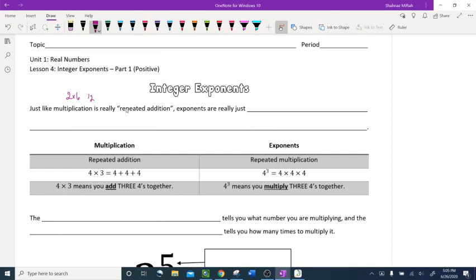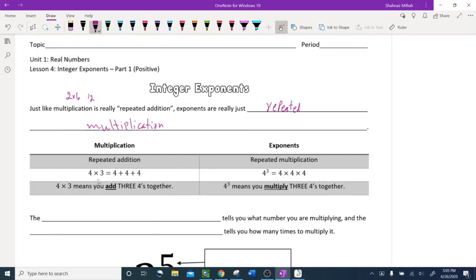But if you add 2 several times, it's going to give me 12 too. So that's what it means. Then exponents are really just repeated multiplication. 2 times 2 is 4, and 2 to the power 2 is the same thing. So multiplication, repeated addition; exponents, repeated multiplication.